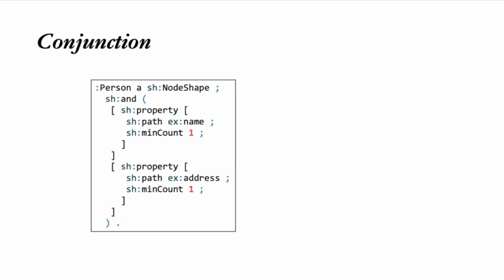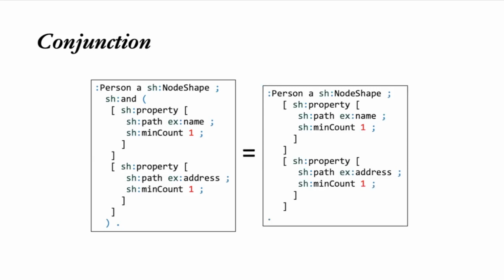So conjunction: observe, you have person node, and you have sh:and. Now I'm going to claim, and this is true, that these two shape graphs are equal. One of them has and, and the other one just lines up two constraints, essentially. If something is in braces in the scope of a logical operator, in this case sh:and, you read them as conjoined.